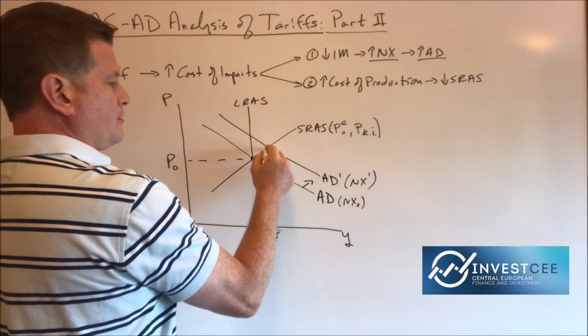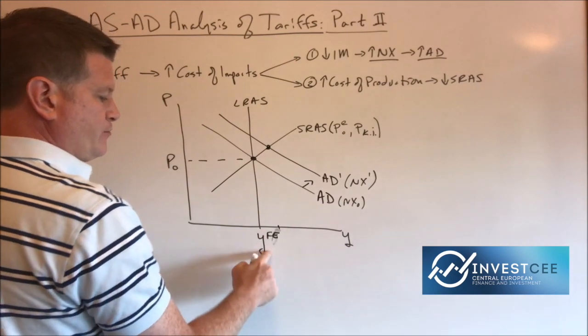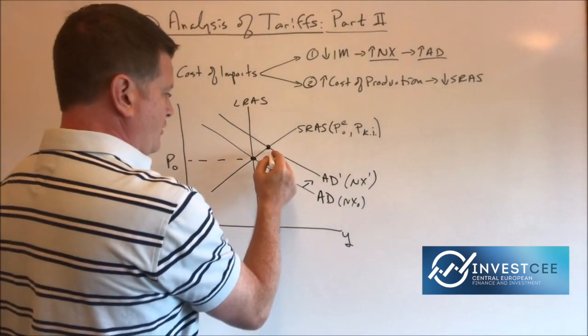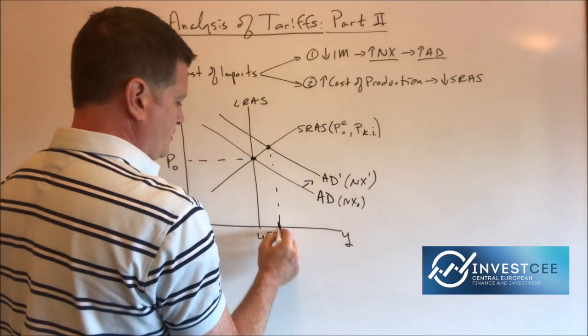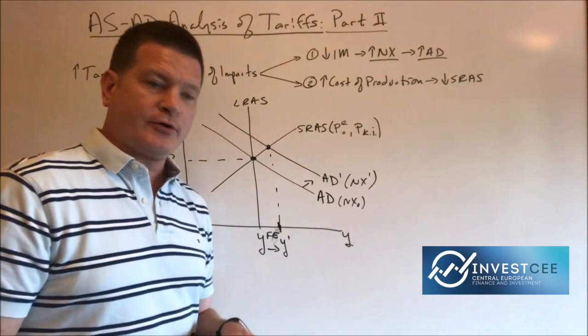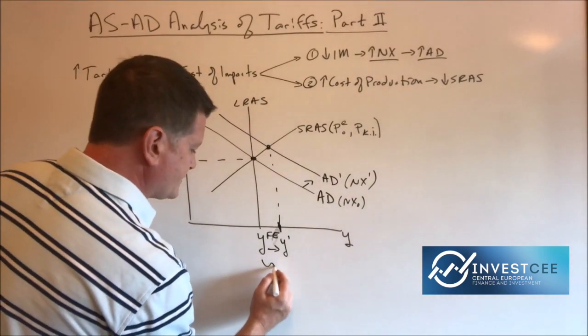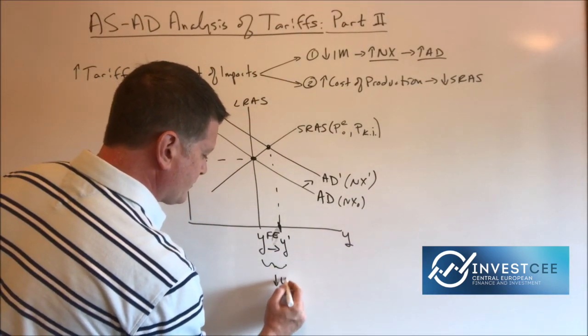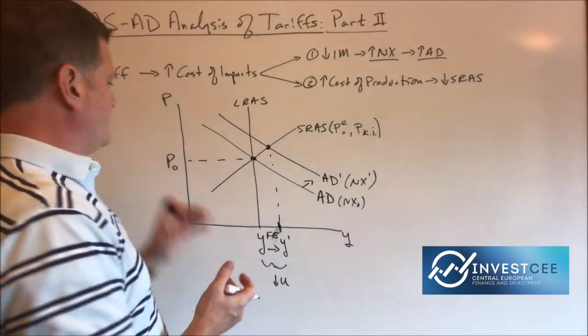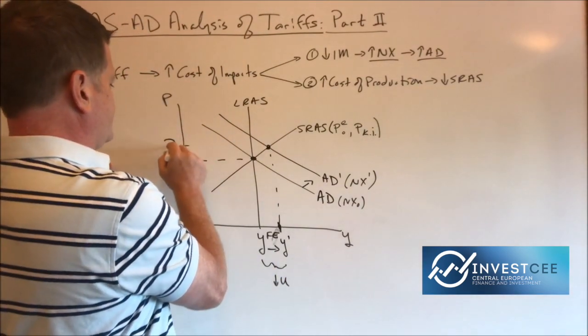That alone would boost the economy, pushing us out. So that alone should increase output. This increase in output should be associated with a drop in unemployment. All pretty good. The price level should rise.